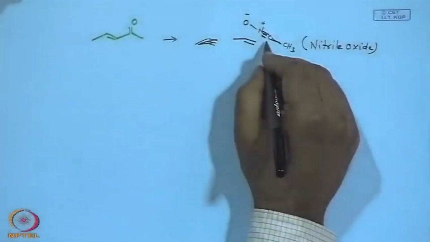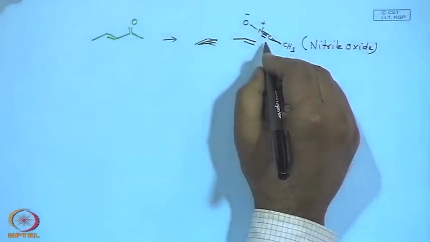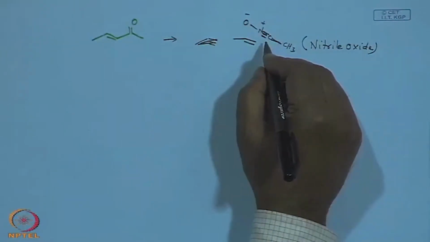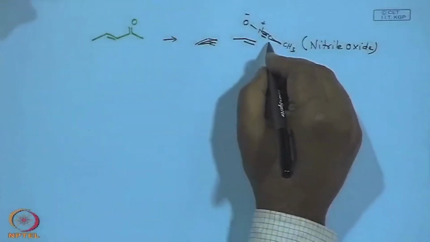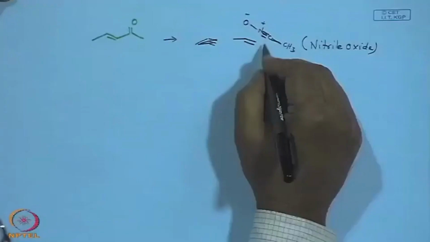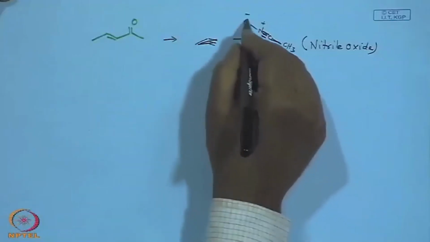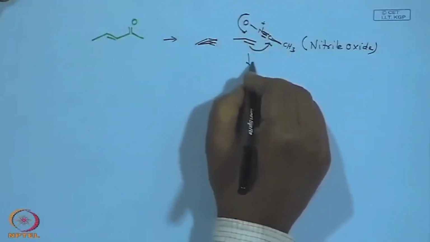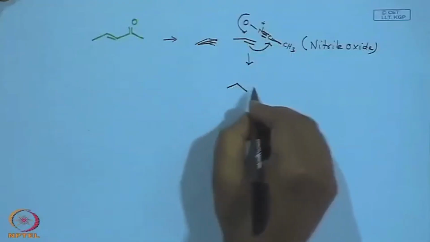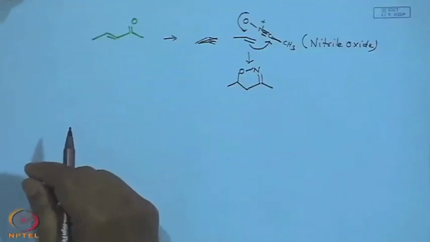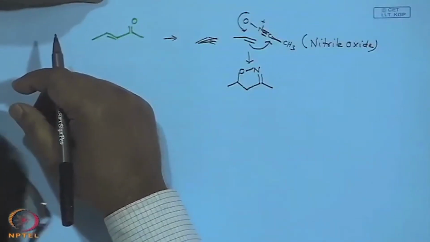This can be easily obtained from the compounds we often discard in the organic chemistry laboratory, oximes. If you have an aldehyde and then hydroxylamine, you get the corresponding oxime. If you oxidize that with, let us say, sodium hypochlorite, it would produce this nitrile oxide. And then if you react this with the olefin, as you can see there is a polarization in this direction, so eventually it will give you a cycloaddition product.